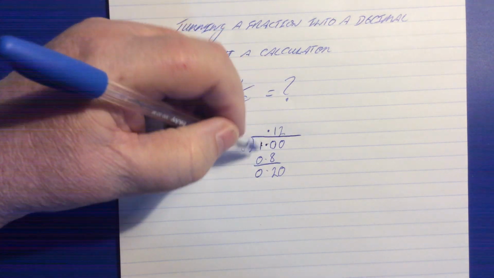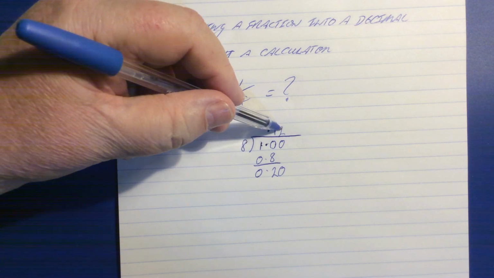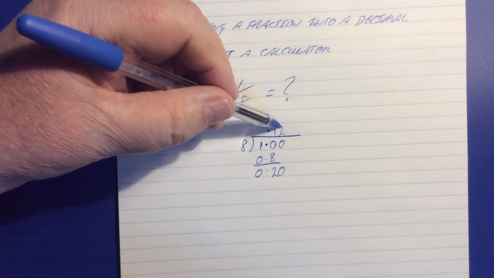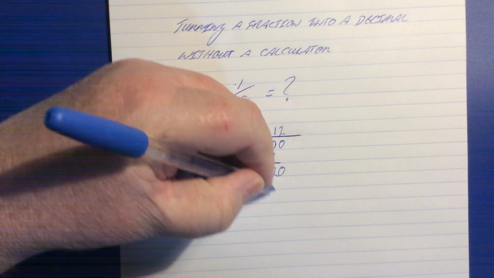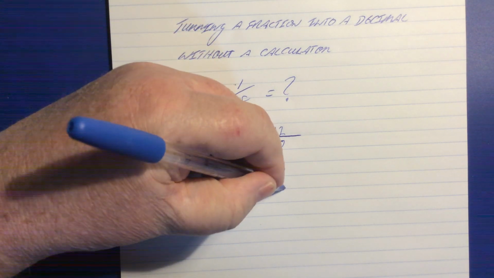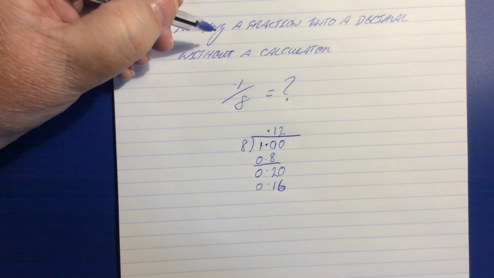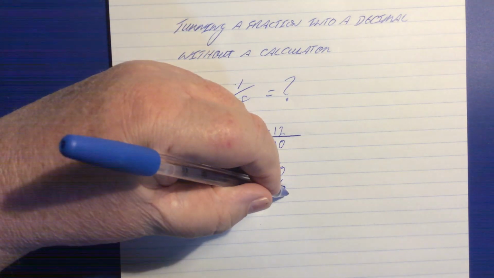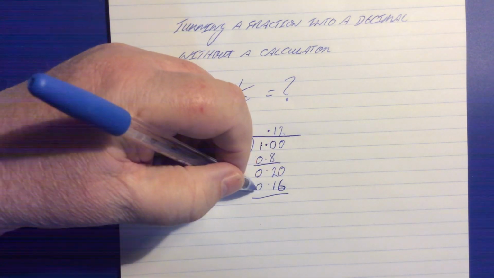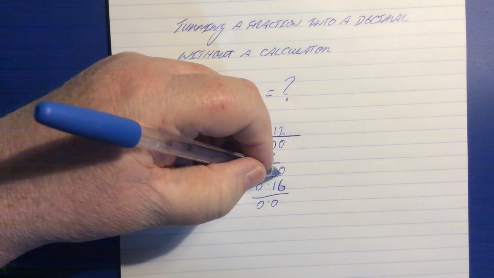And if we multiply by 0.02, which is what the position of this 2 means, what we get is the following. Fairly straightforward, I hope. We subtract this, and what we get is 0.04.